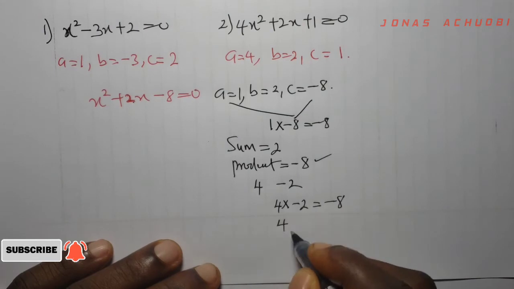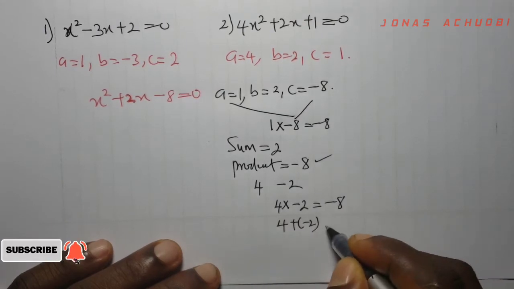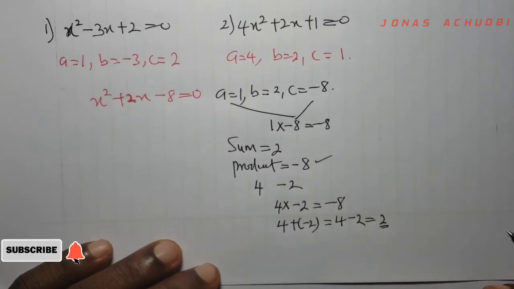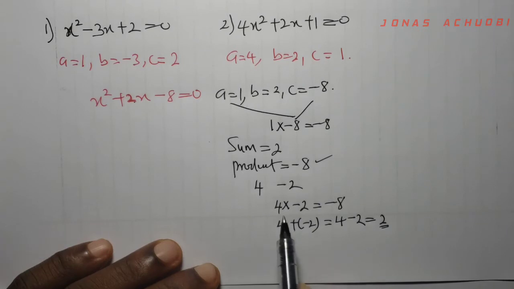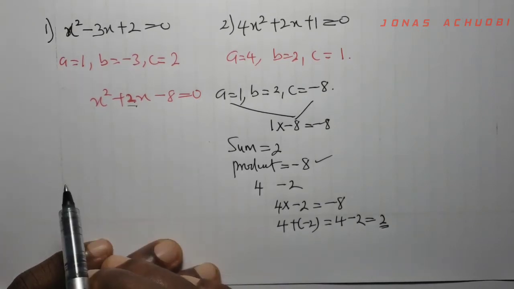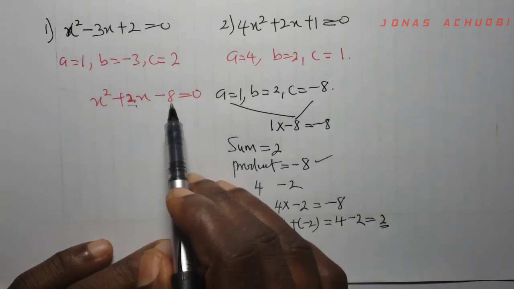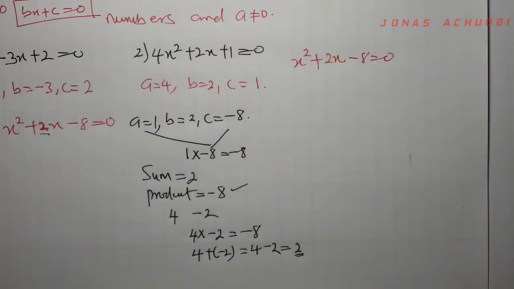And then if we add up 4 plus minus 2, that is the same thing as 4 minus 2, which is 2. So we've gotten our numbers. The numbers are 4 and minus 2, because 4 plus minus 2 is 2, the middle term, and 4 times minus 2 is minus 8, the third term c.